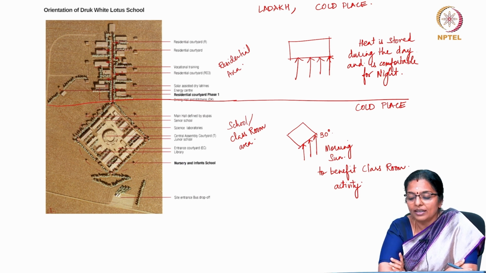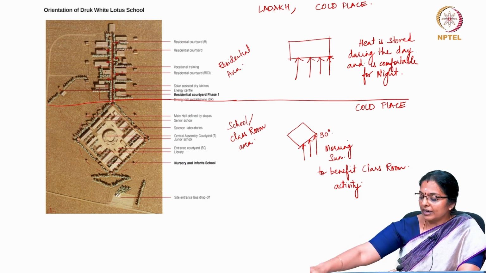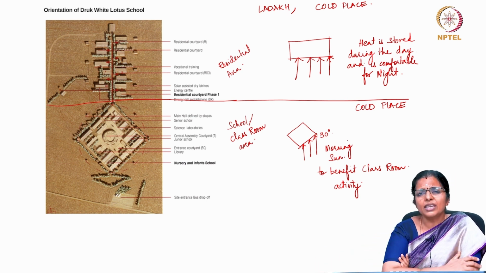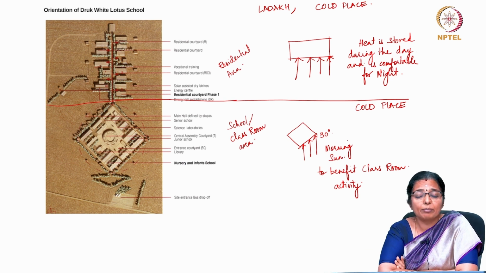retaining the warmth at night. Hence, we have seen three different climate types and the strategies for each of these climate types. We have seen the hot dry climate. In the hot dry climate, one has to be very careful in having very compact planning.